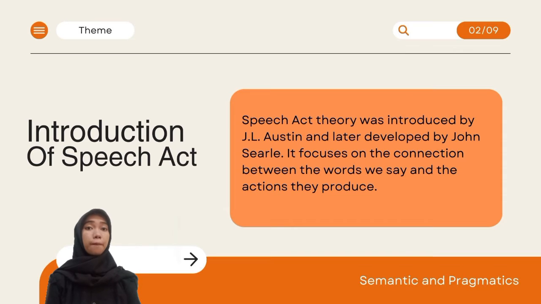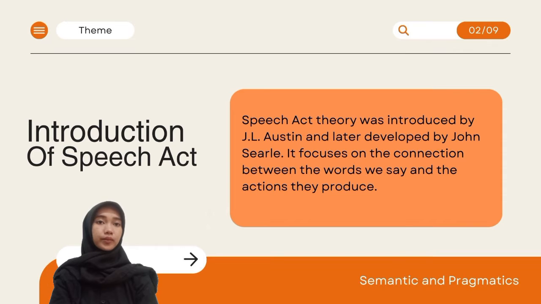And this concept was first introduced by philosopher J.L. Austin in his seminal work, How to Do Things with Words. Austin's ideas lay the foundation for understanding how language functions beyond its literal meaning.